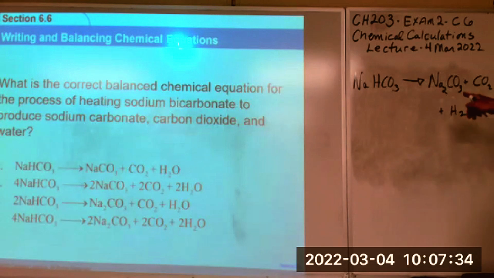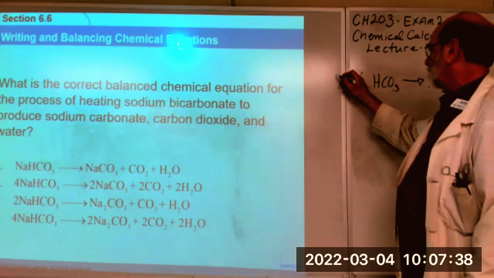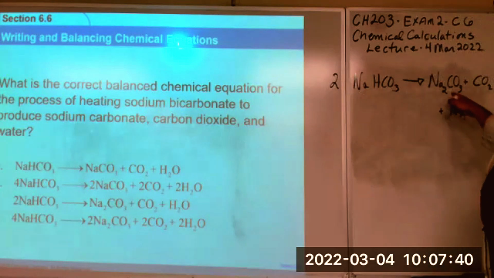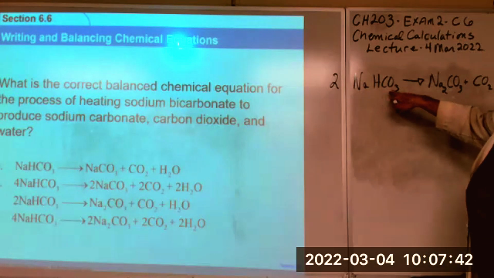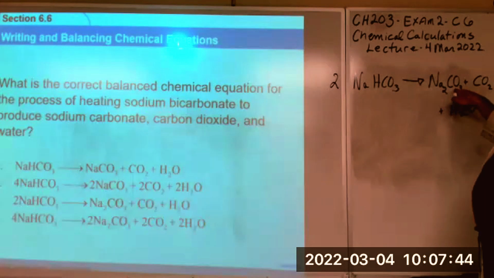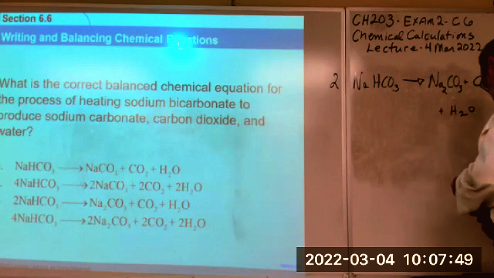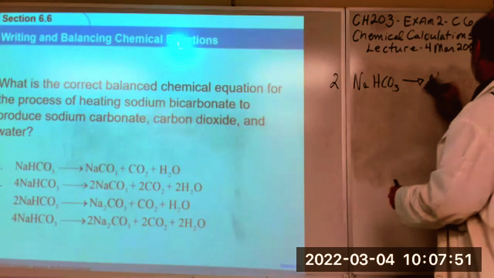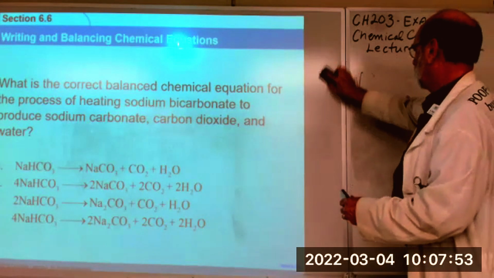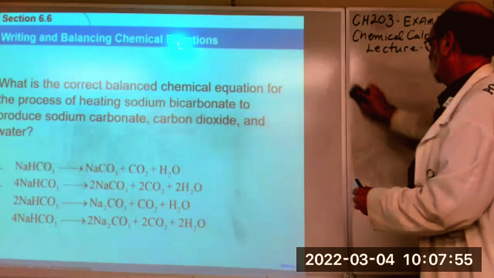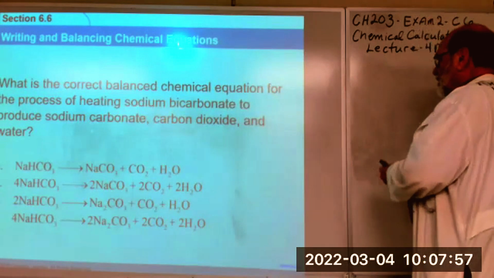You just need to be sure that you're counting up all the right atoms, right? If we have 2 sodiums here, we need 2 here, right? So that gives us 2 sodiums. That gives us 2 carbonates. Well, actually, we can't do that. I need to set up a budget. It's not going to work like this. So let me stretch it over here.